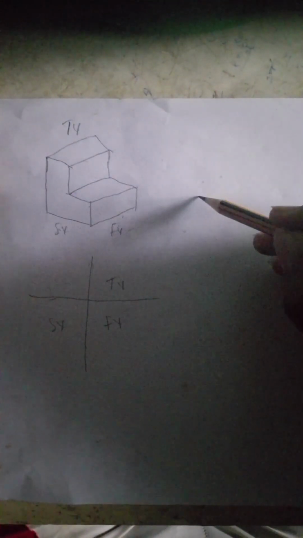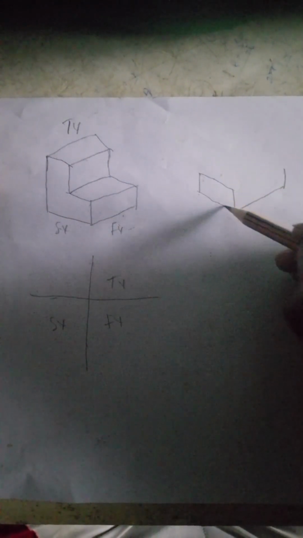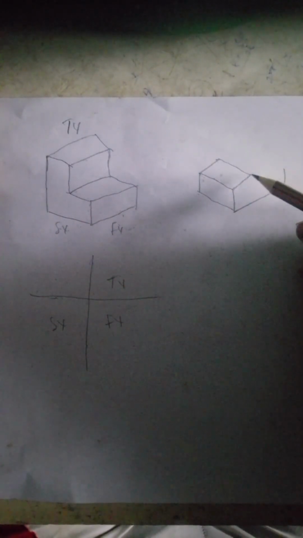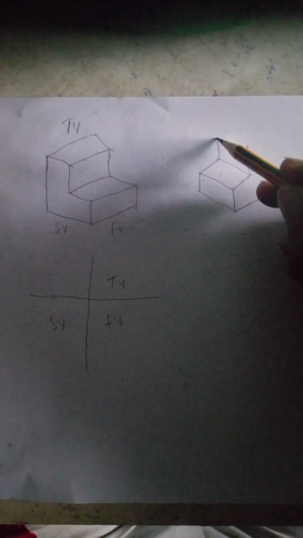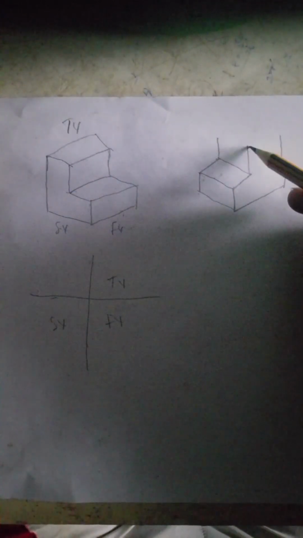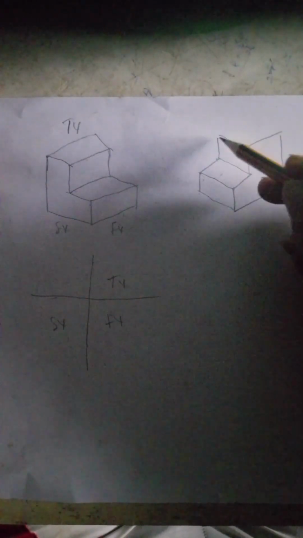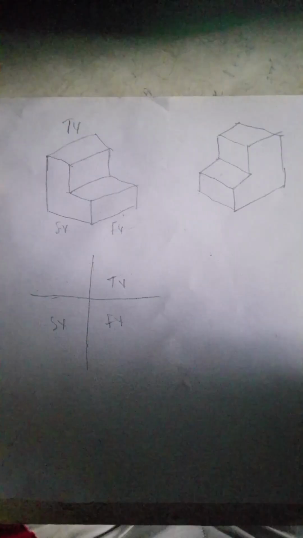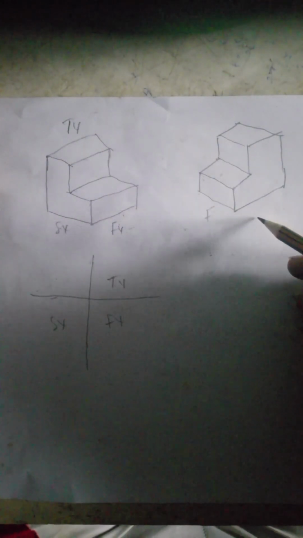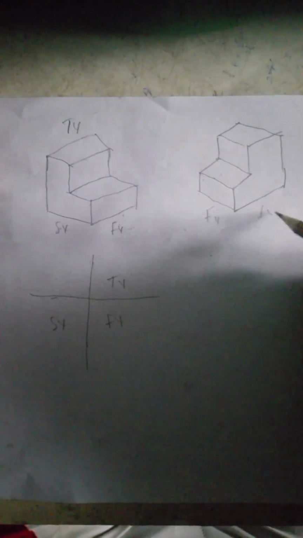If you want to draw another one where you change the view, where your front view is here, your side view is here, and your top view is here, what do you do?